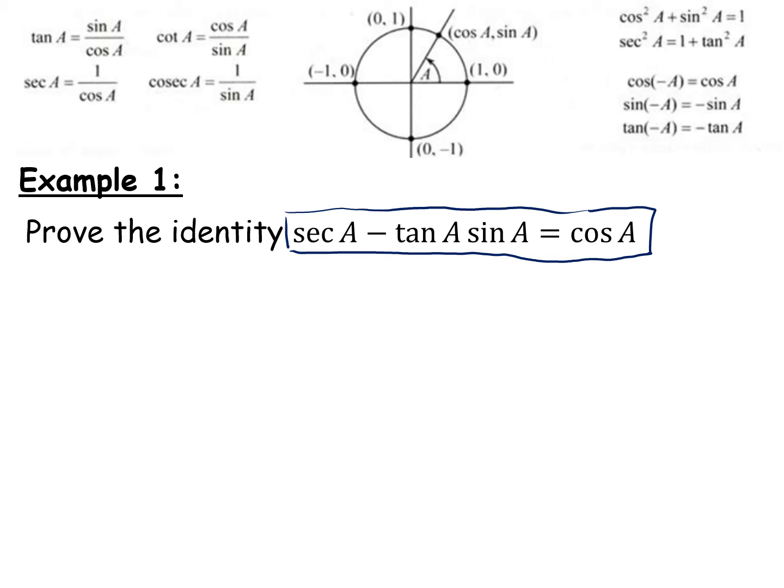We're going to start subbing in what we can. So sec A, we know that that is actually given as 1 over cos of A, minus tan of A. So tan of A is actually given as sine A over cos A. And that's multiplied by sine A. And we're trying to show that that equals cos of A.